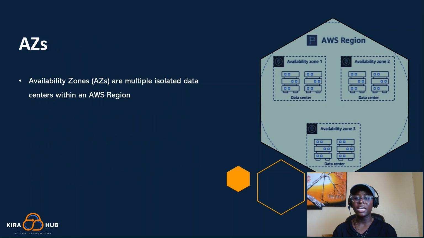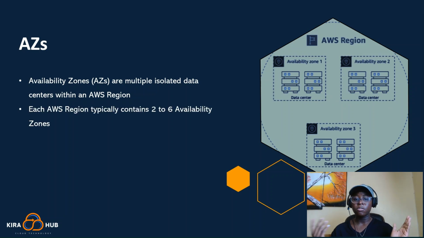You connect maybe 1, 2, 3 data centers, I don't know how many, and a cluster of data centers within a geographical location makes an availability zone. If you look at this picture, we have a couple of data centers, and these data centers make up an availability zone. Each region typically has around 2 to 6 availability zones.